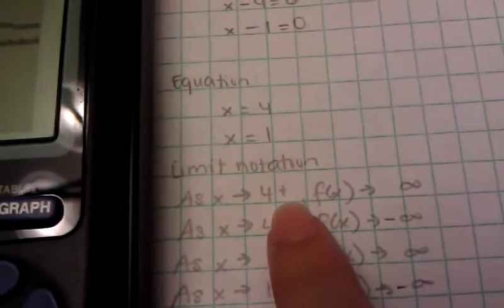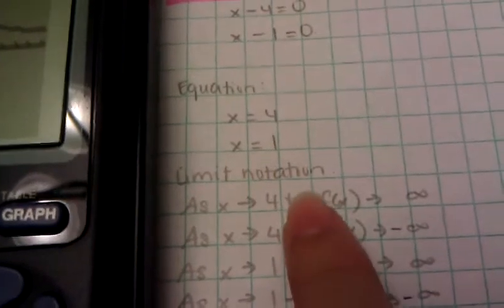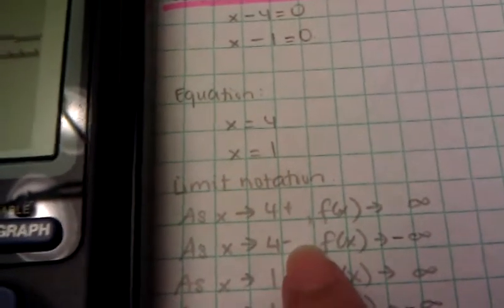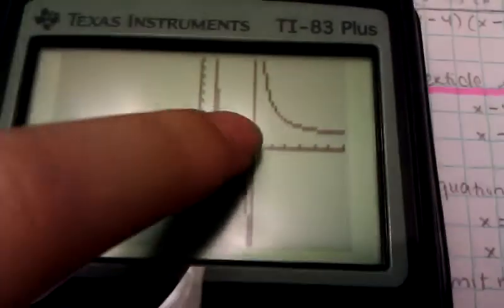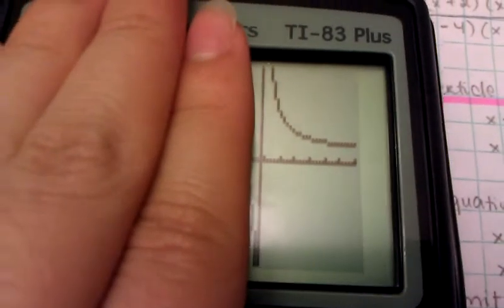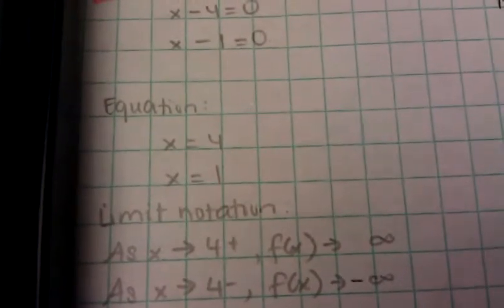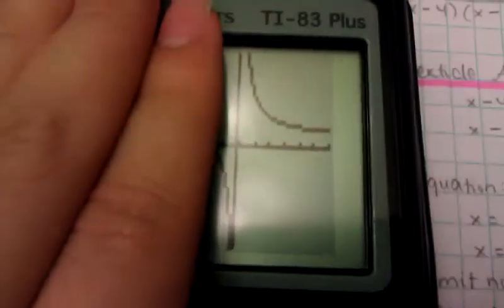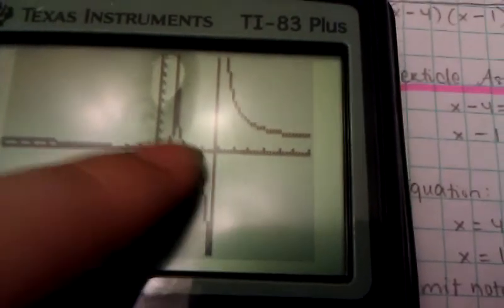Remember that the positive side and the negative side represent to the right and to the left. If you look over here, this will be 4, and the positive side, which is this side, let's cover this, and you will see it's going up. So it's going to be positive infinity, and negative infinity for the negative side of 4, because it's going down.